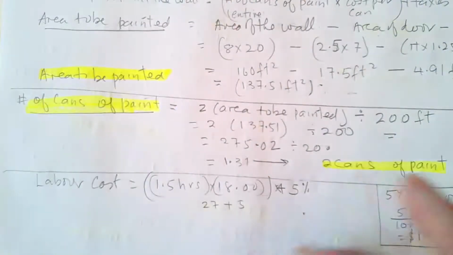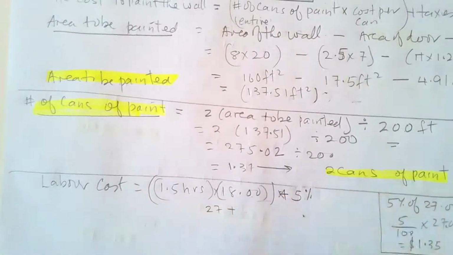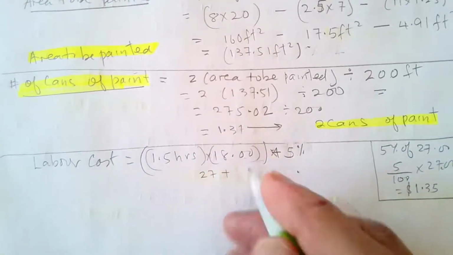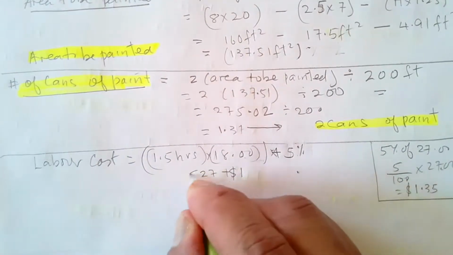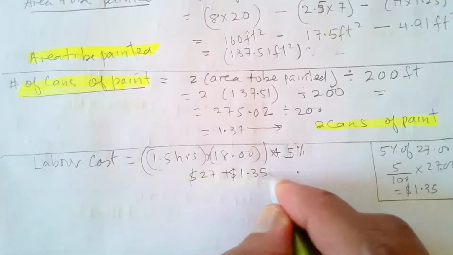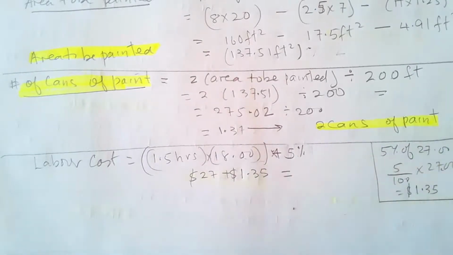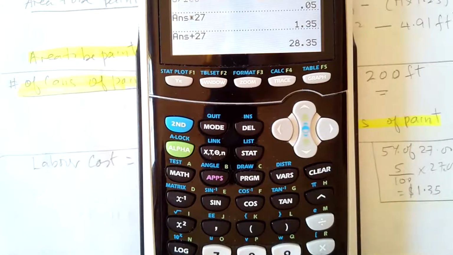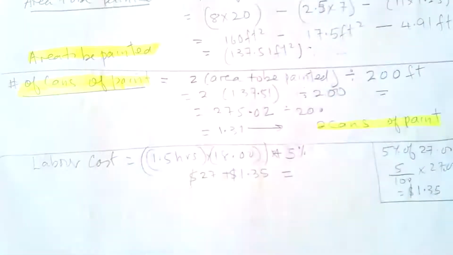Your taxes, plus $1.35, works out to be $28.35.